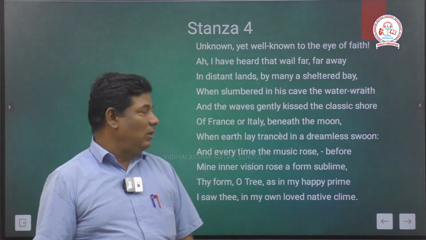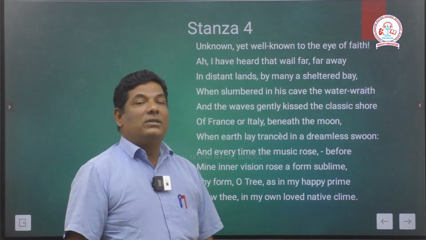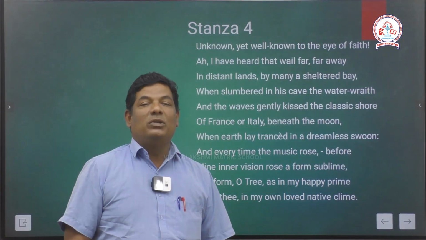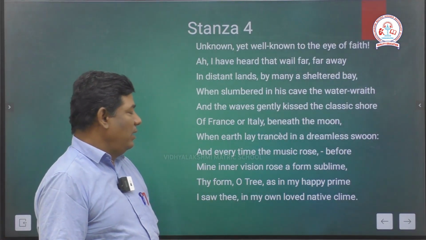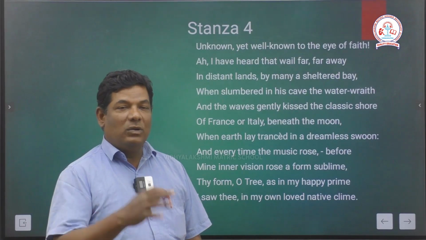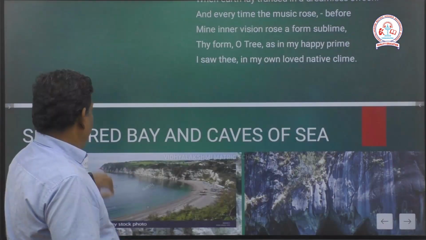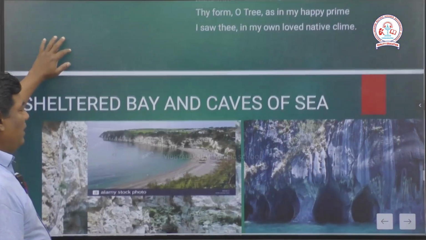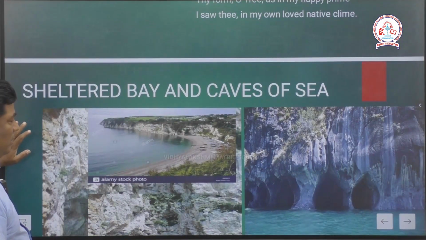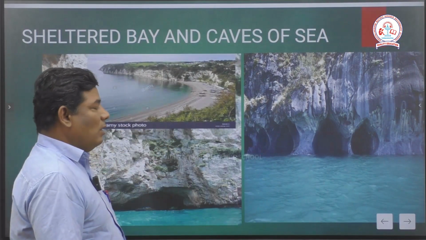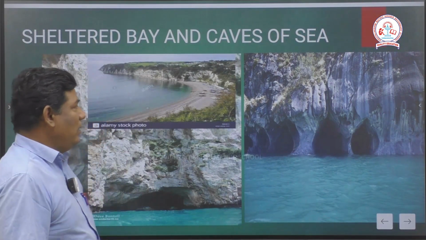When she was so small, she saw that tree, she enjoyed that experience. The same picture of the tree is appearing in her mind even today after long years. See, the sheltered bay is completely covered with trees, and these are the caves, water caves you find in the sea.